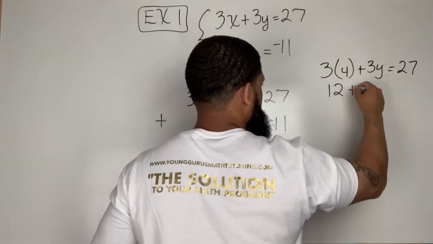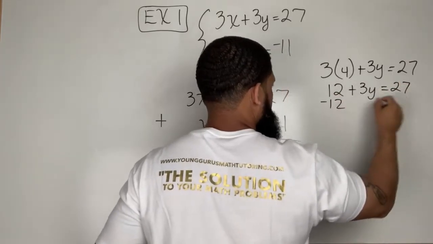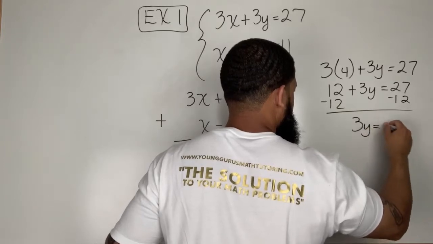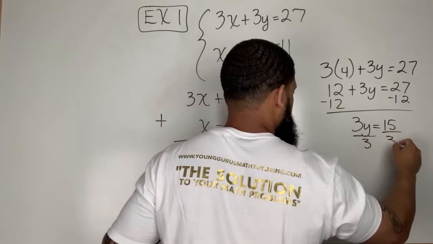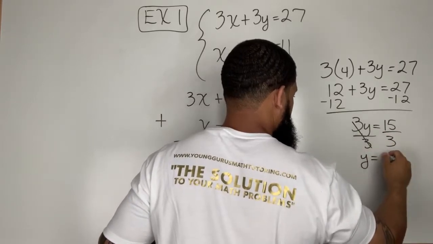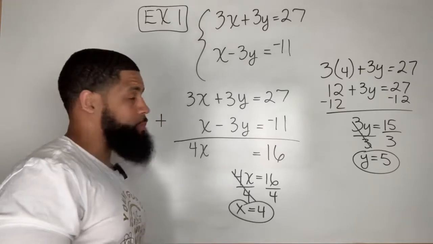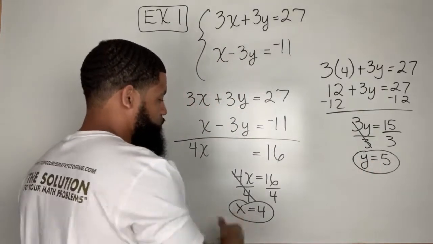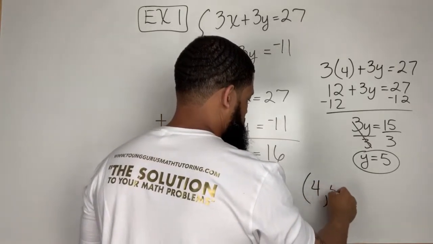That gives me 12. Subtract 12, 3y equals 15. Divided by 3, y equals 5. So x equals 4, y equals 5. That means our solution is the ordered pair 4, 5.